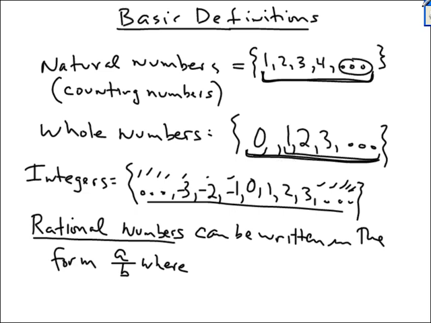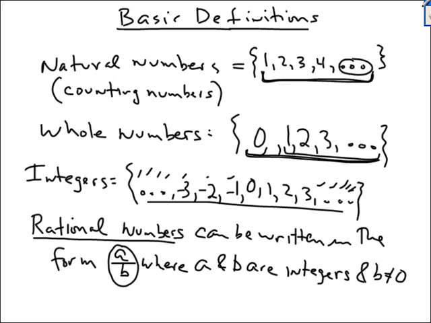Are A and B just integers? Are they whole numbers or natural numbers? Or maybe a new type of number? Well, here it is, where A and B are integers. And the bottom is not 0.